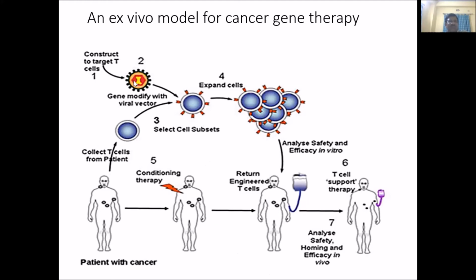Then you insert the gene into a particular virus or plasmid, and then you modify those viruses in the cultures. Before that, you take the T cells from the patient and insert your therapeutic gene, for example a GM-CSF producing gene, into the T cell with the help of a virus like adenovirus or AAV or whatever you like.